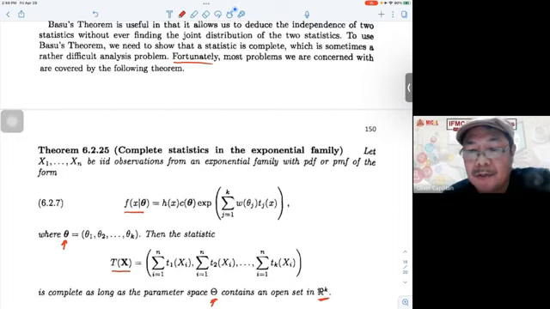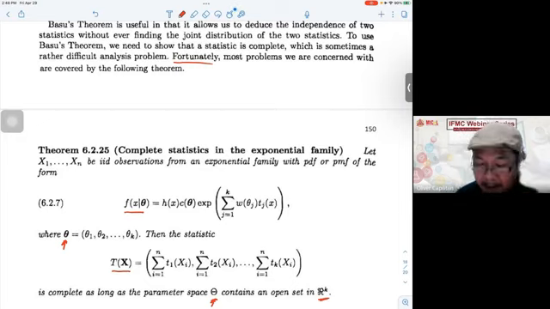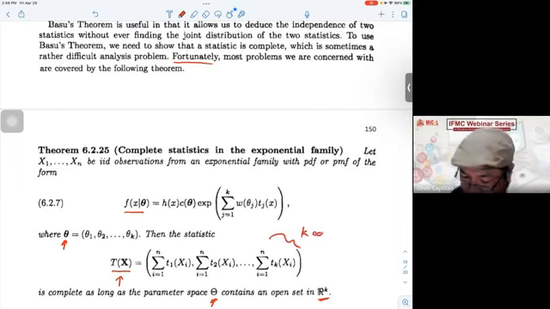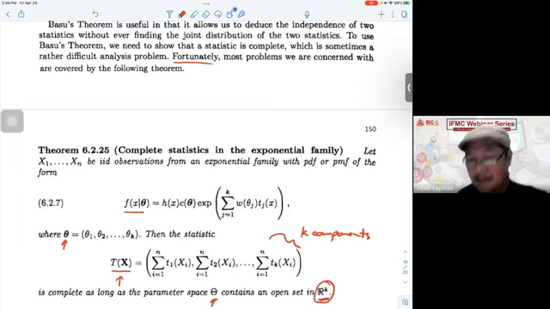Since our statistic is a vector of statistics having K components, meron siyang K components, dapat yung parameter space natin contains an open set in the K vector of real numbers here.